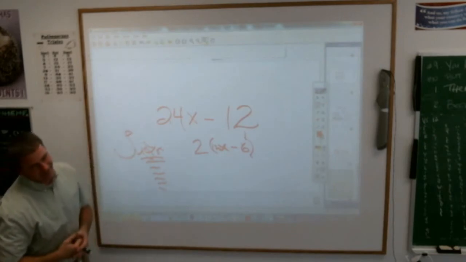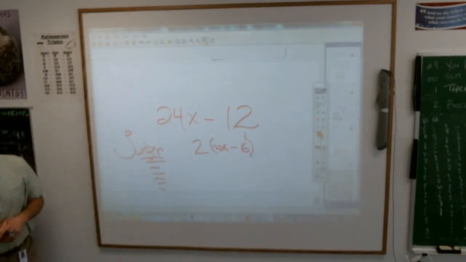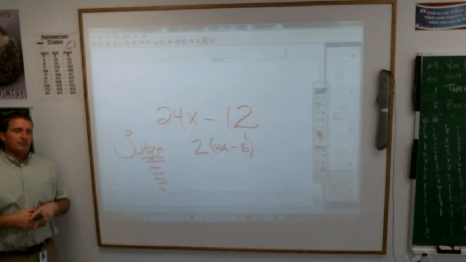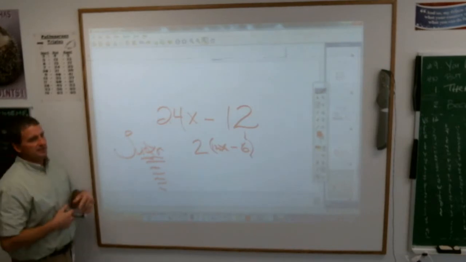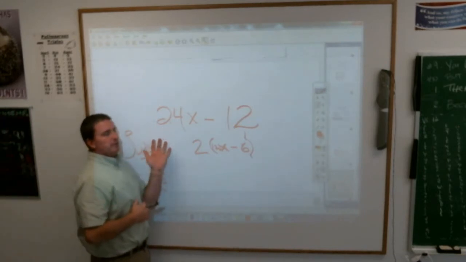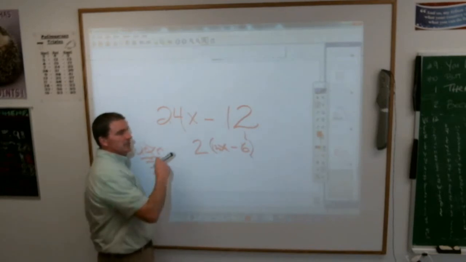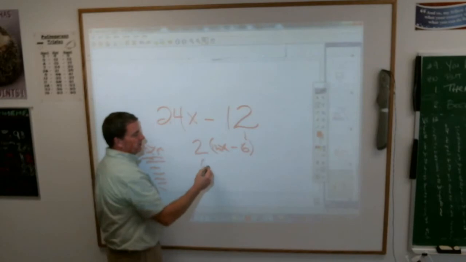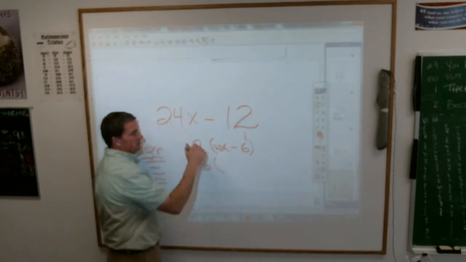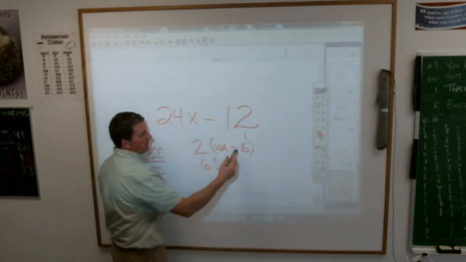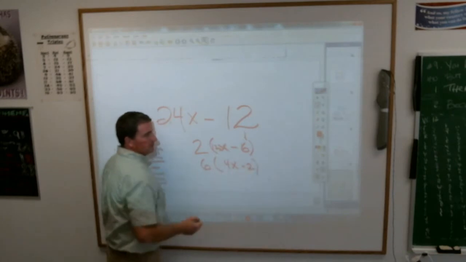Now, unfortunately, that's still not right. Well, it's kind of like half right and half wrong. When you are asked to factor, you always want to factor out the biggest number. Because I could actually factor out a 6 there, couldn't I? 6 goes into 24 4 times, and I get 4x minus 2.